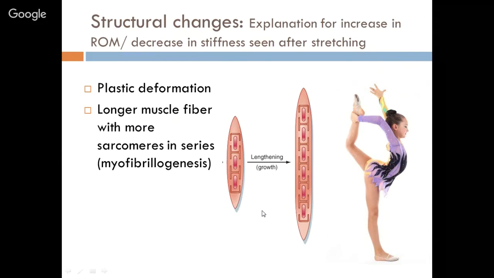In a few studies, yes, but there are certain questionable issues in that. So this is not often reported, but it can take place. Whenever it takes place, it happens by adding more sarcomeres in series, and myofibrillogenesis is the physiological explanation for that.